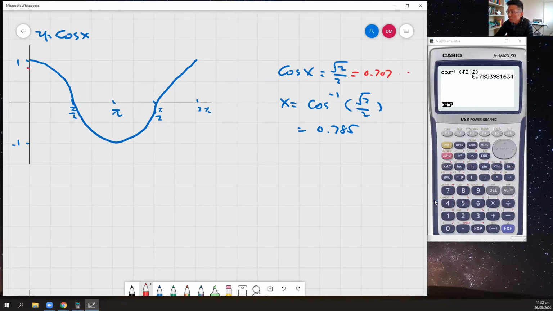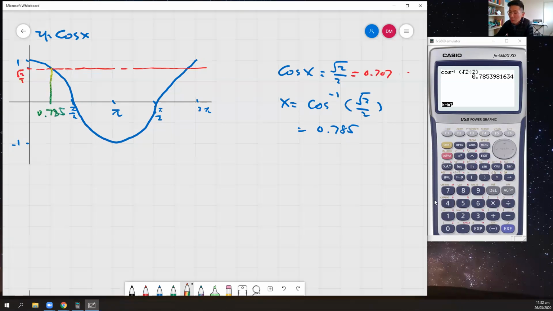Cosine, I already drew it, and then square root of 2 over 2 is around here. Now this one's out a little bit, but the particular solution that we have for this case is around here. They give you 0.785.